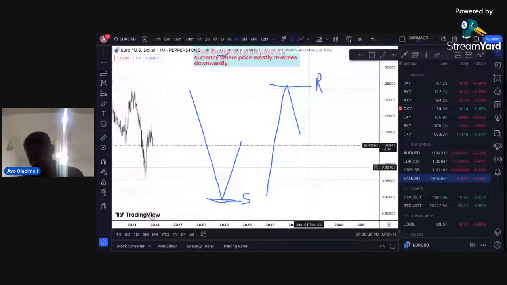When price gets to a resistance, you sell. Type it in the chat box, this statement I just made.